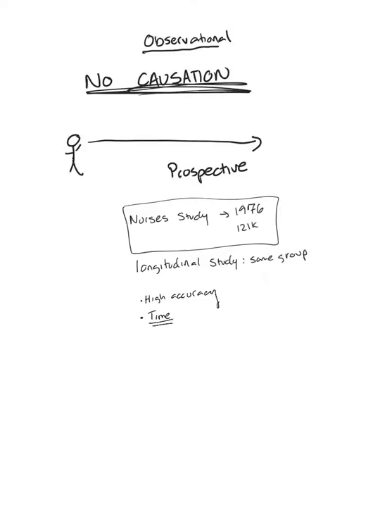That is, the Nurses' Study, once again, enormously important in the medical industry, has been going on for a very, very long time, and it's taken all that time to get good data. So it's expensive in terms of time, it's also expensive in terms of money, because you have to incentivize people to keep participating in things a lot of times. I want to be clear, though, the Nurses' Study doesn't do that. So, pros, high accuracy. Cons, it's a lot of time commitment.